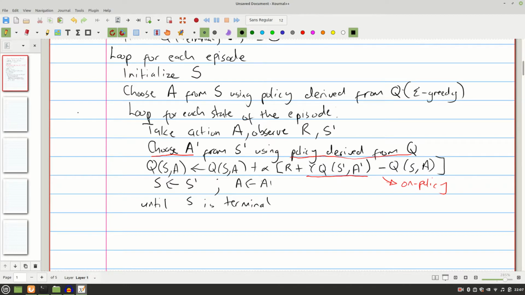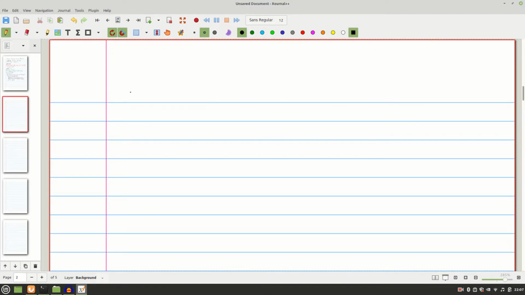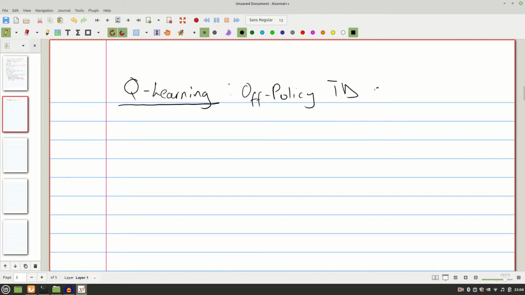So with that said, let's move to our next algorithm, the popular Q-Learning algorithm. Q-Learning is essentially off-policy TD control. SARSA was on-policy TD control.